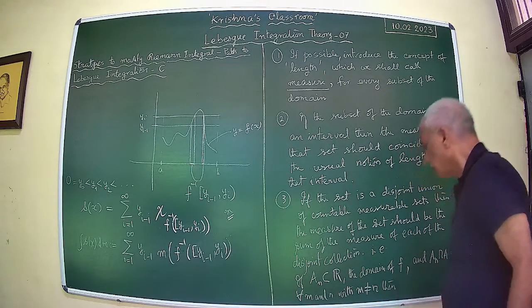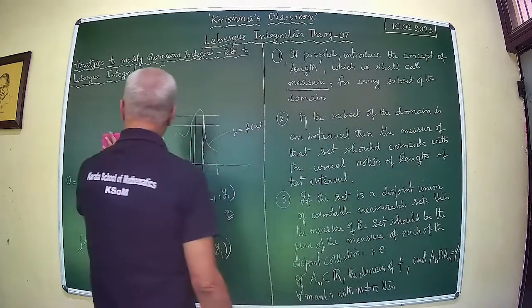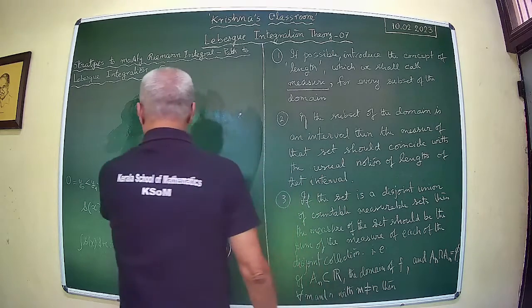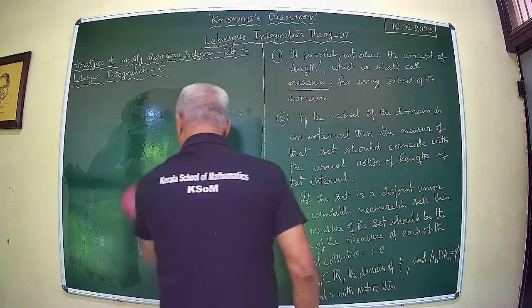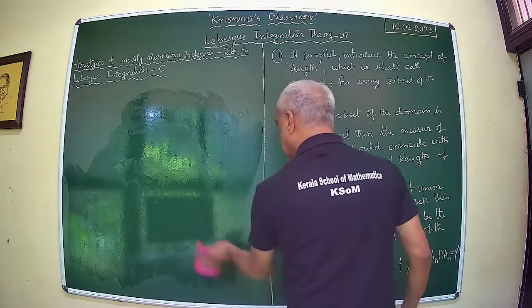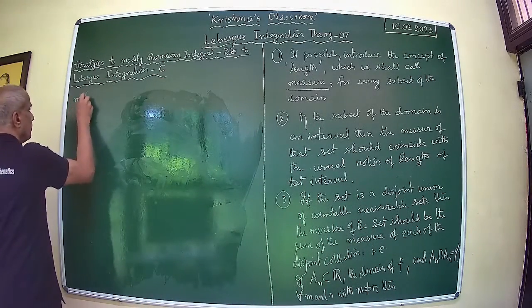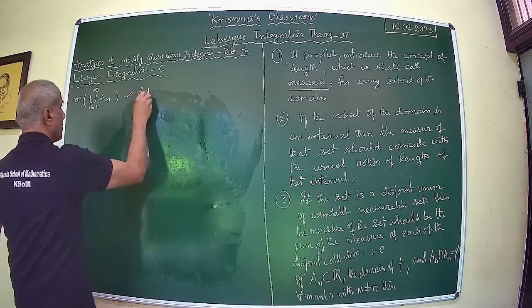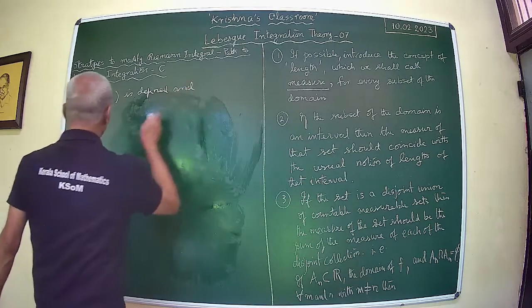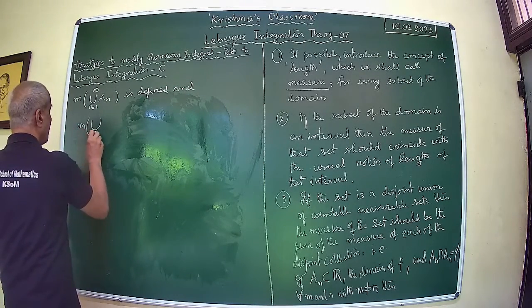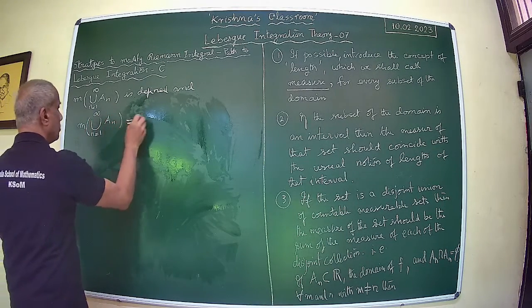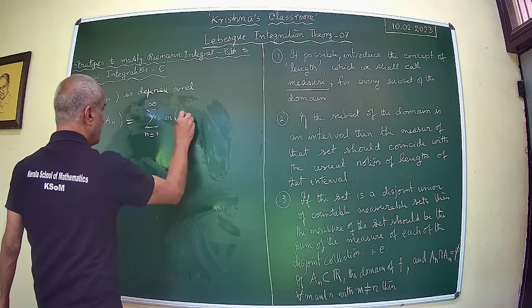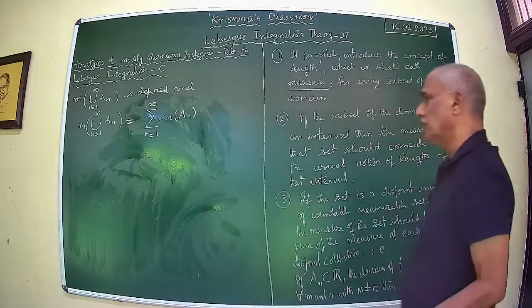Then the measure of the union is defined and equals the sum of the measures. So this should be the sort of function that we are looking for.